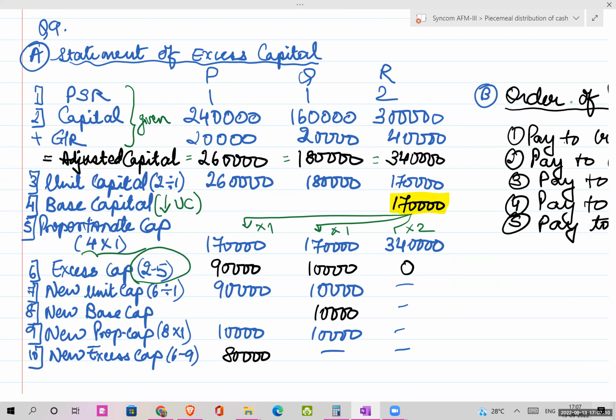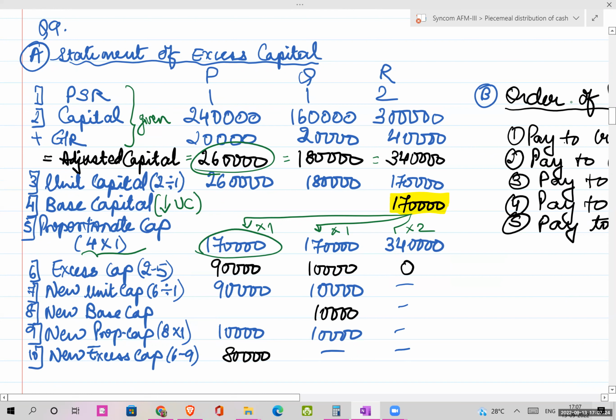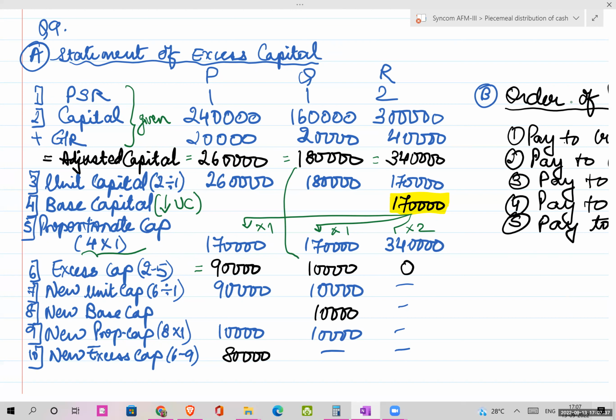So 2,60,000 minus 1,70,000 will give me 90,000. Next, 1,80,000 minus 1,70,000 will give me how much? 10,000. Right? Then next, 3,40,000 minus 3,40,000.